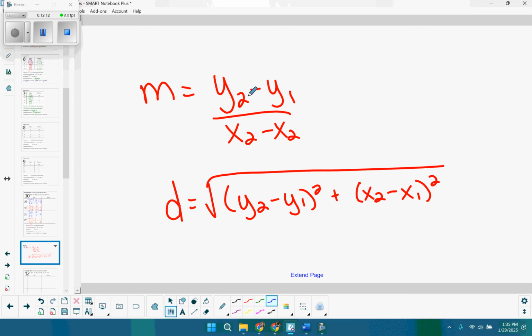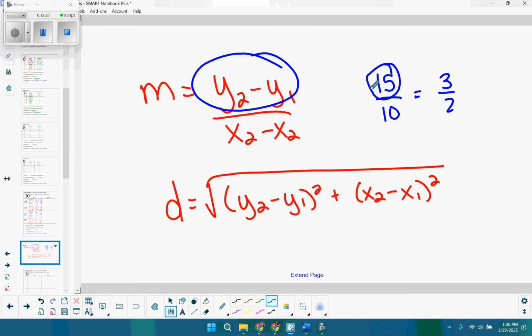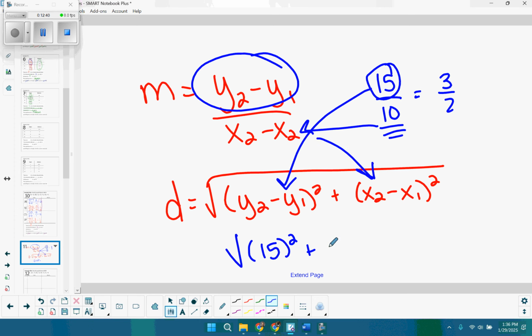Which means if I've done my work for the slope, and let's say I ended up with 15/10 as my slope, even if I reduce it to 3/2, 15 is y2 minus y1. So we can plug it directly in here, and 10 was x2 minus x1, so that can go directly there.